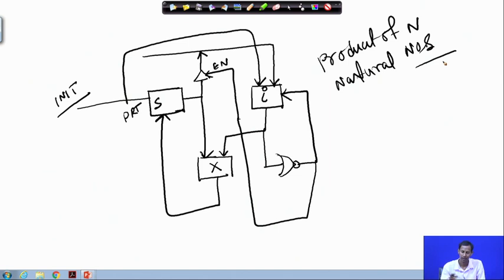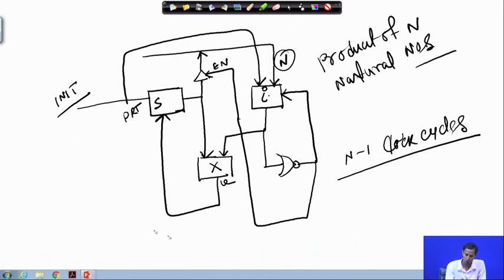So, you see here I require only one multiplier, but the problem with this sequential implementation, as we discussed in the last class also, is that whatever the value of n is, I have to wait for n minus 1 clock cycles.